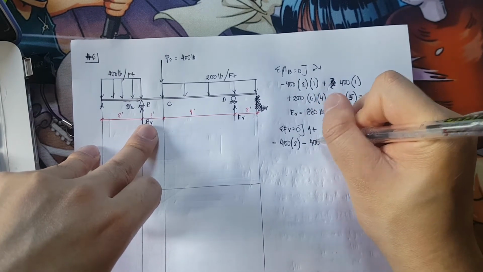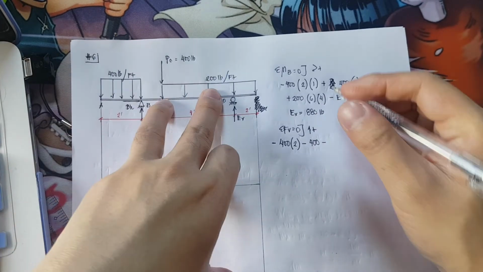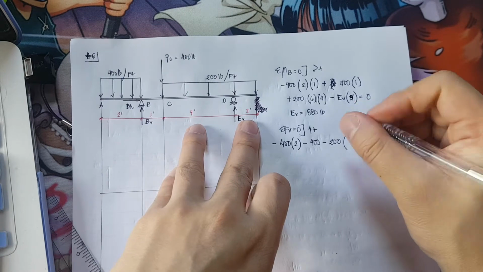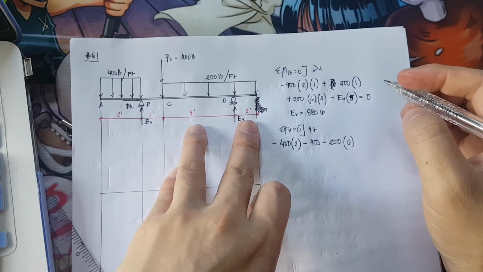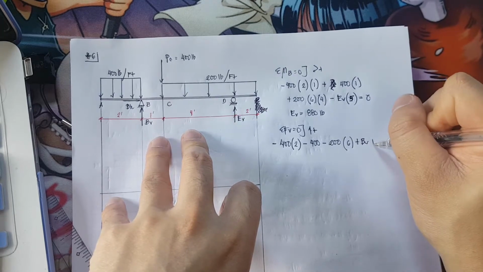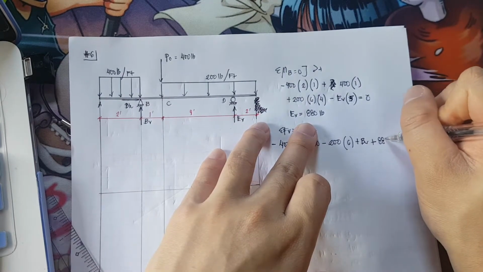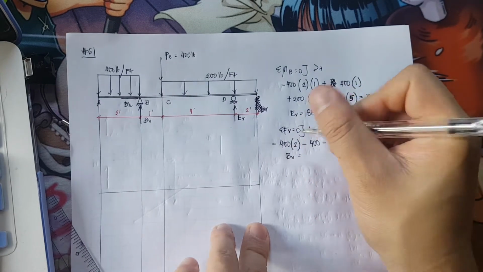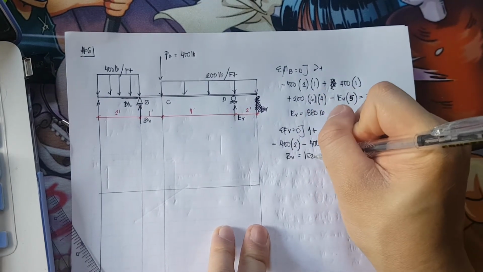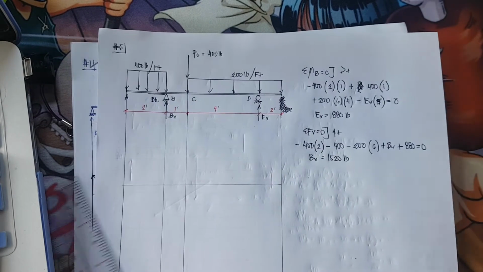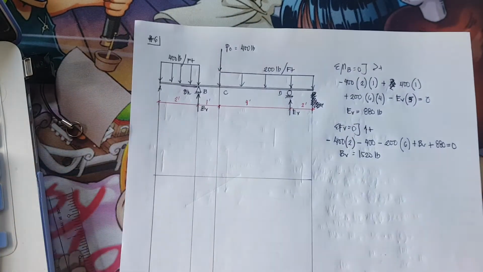Negative 400 minus 200 times a span of 6 feet plus B vertical plus 880 is equivalent to 0. B vertical therefore is equivalent to 1,520 pounds. Okay, so we're now ready to draw our shear and moment diagram.